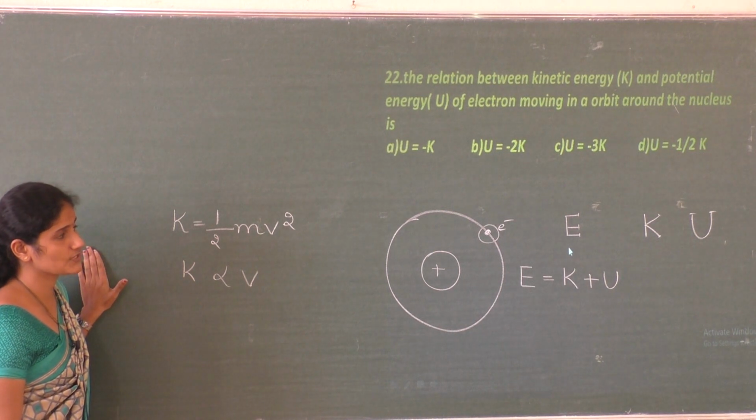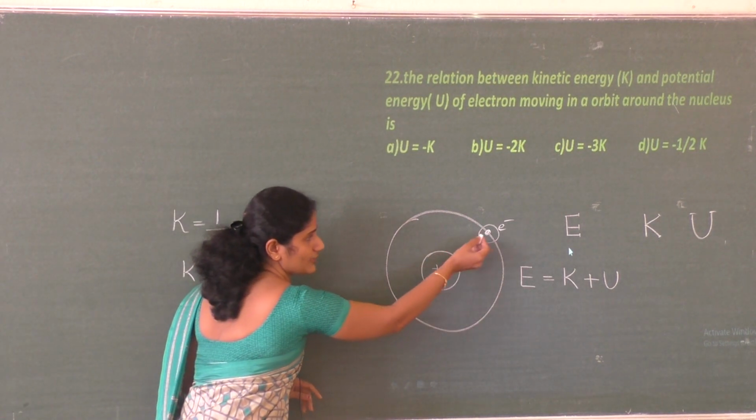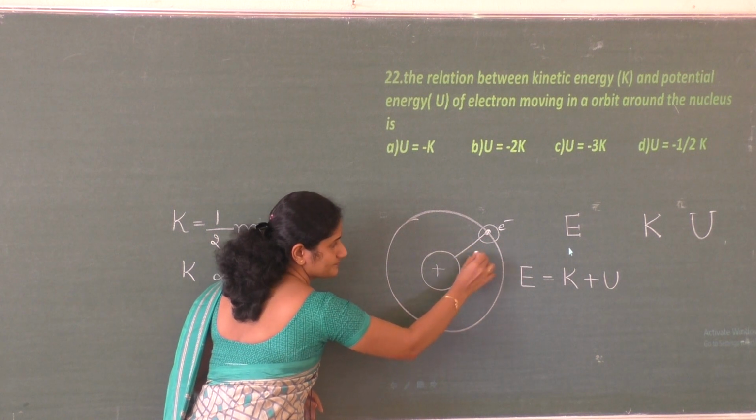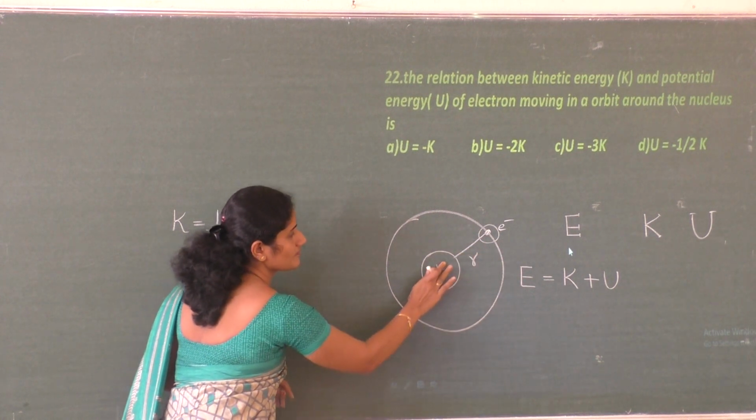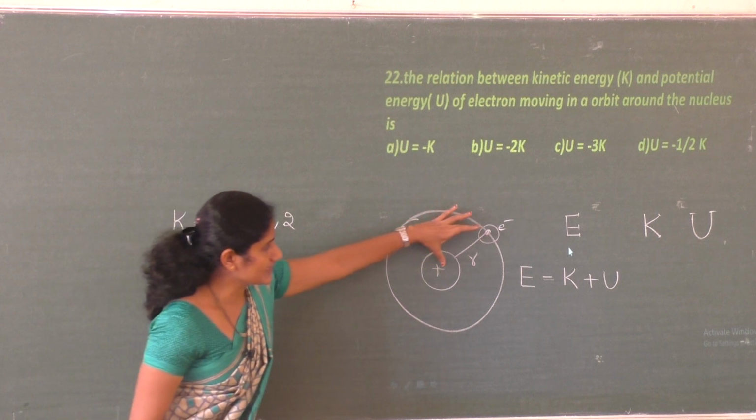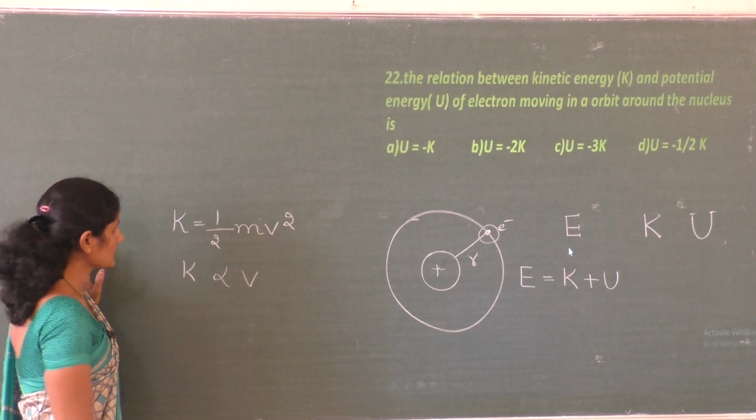What is the expression for kinetic energy in the case of an electron? Here R is the radius or the distance.